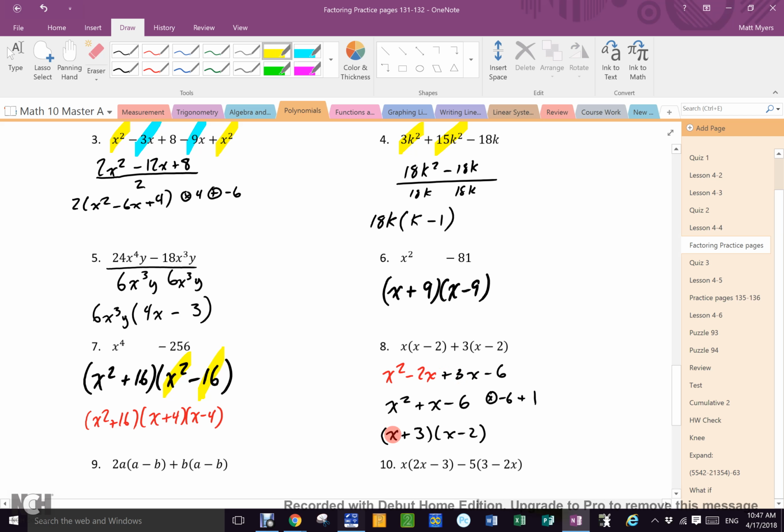I'm going to highlight x plus 3 in yellow, and I'm going to highlight x minus 2 in blue. Look back at the original question. What do you see? There's the x minus 2 right there.